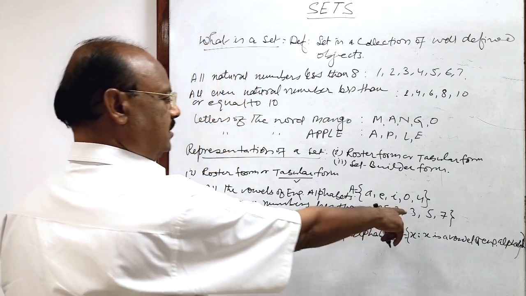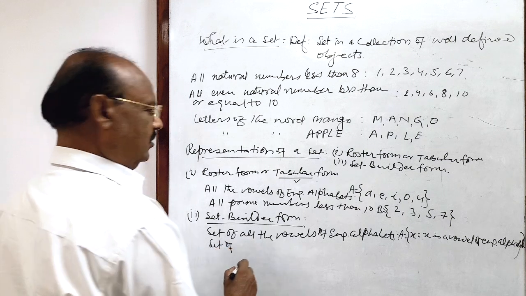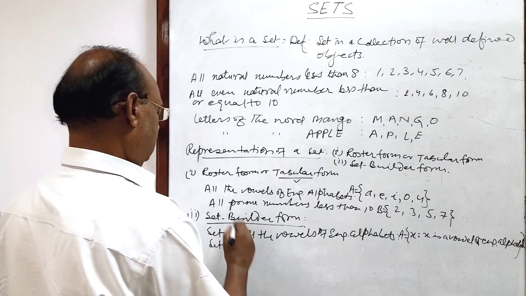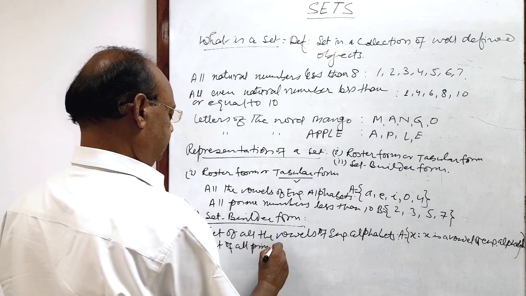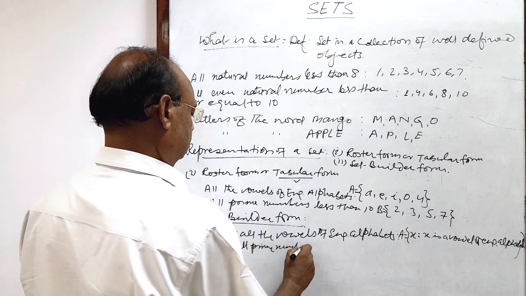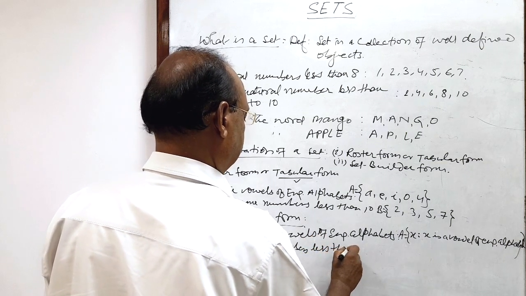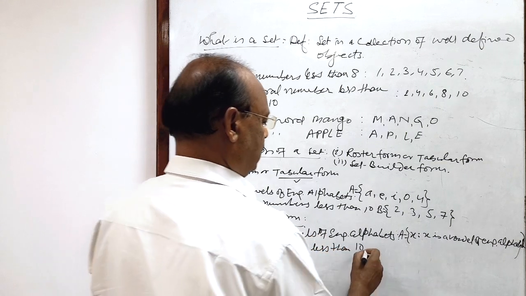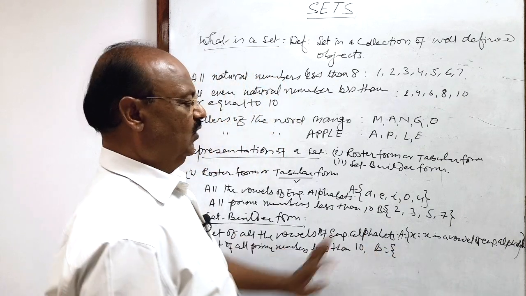So this second example, set of all prime numbers less than 10. Suppose this is denoted by set B, capital letter of the English alphabet B.